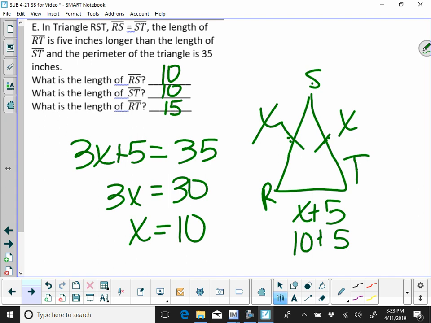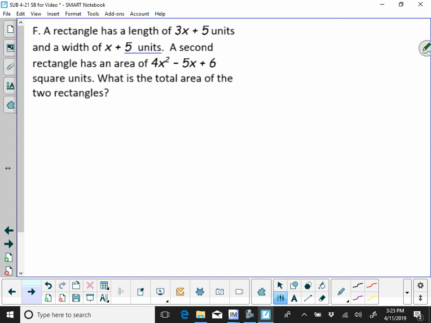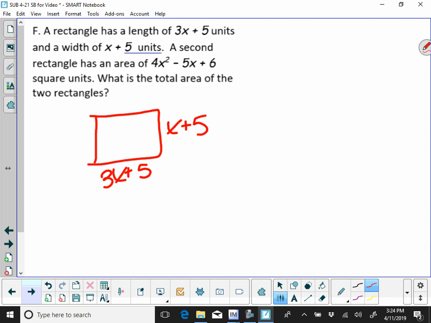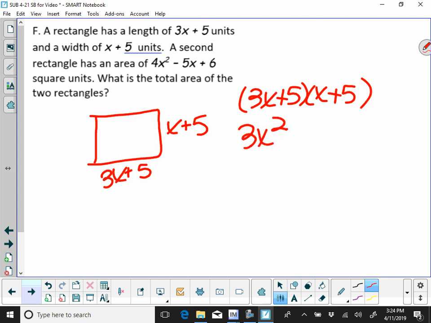Okay, so the last one I'm going to work out for you is going to be letter F on Monday, Tuesday. We've got our rectangle that has a length of 3x plus 5 and a width of x plus 5. Okay, they want to know the total area. So we have to find the area of this first, which gives me 3x squared plus 15x plus 5x plus 25.